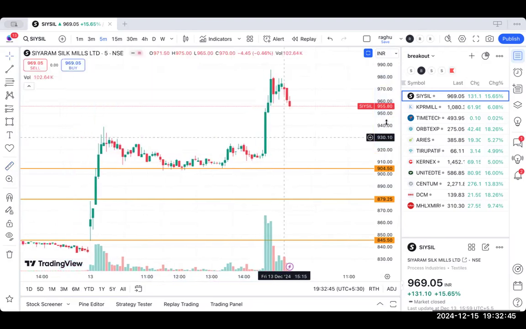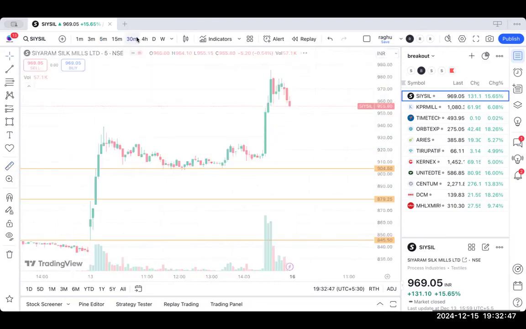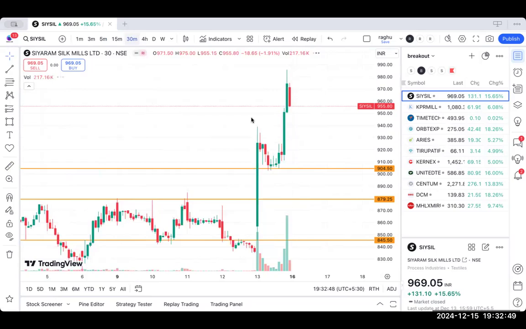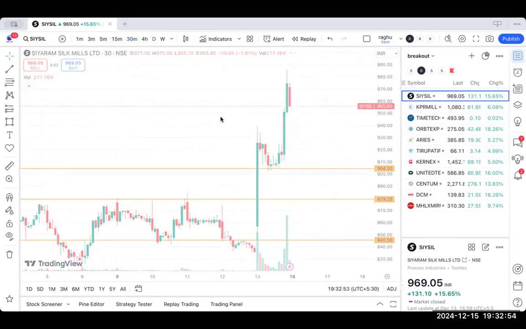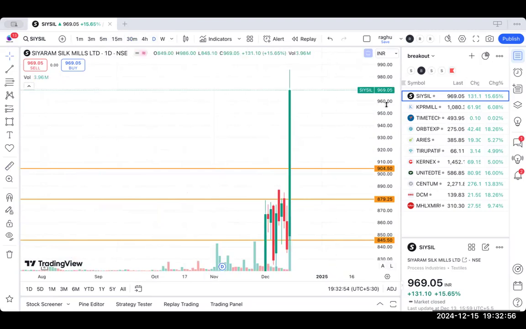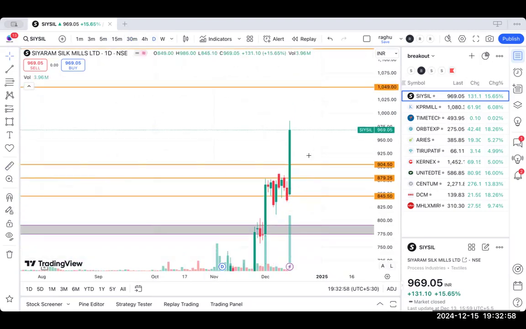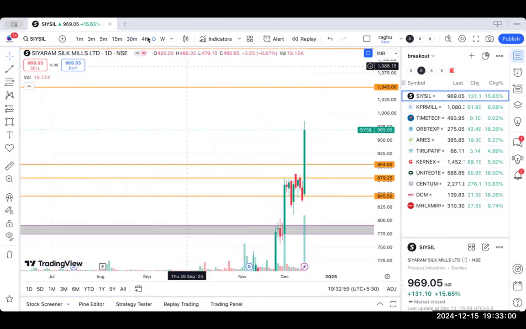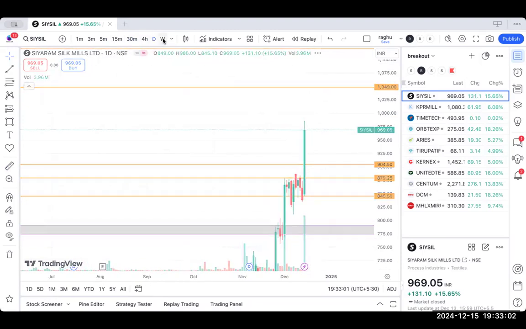Now let's understand what was the last level to mark here as a target. If there is no target, we will go for the indicator. There is no target here, come on. Weekly time frame.